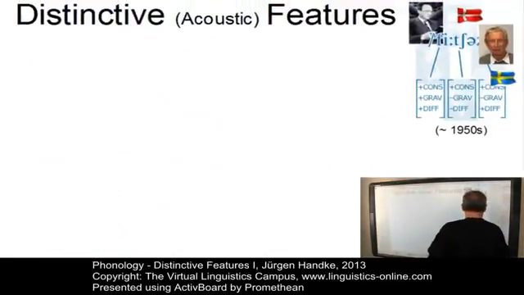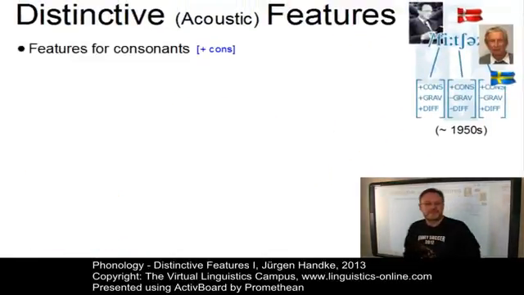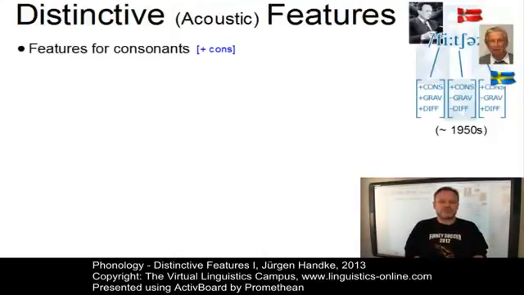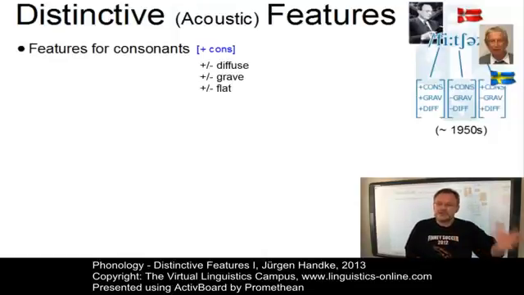In Jakobson's feature system, all segments specified as plus consonantal qualify as a consonant. This feature distinguishes sounds with low energy and substantial obstruction from non-consonantal sounds. Among the features assigned to such segments are plus/minus diffuse, plus/minus grave, and plus/minus flat.